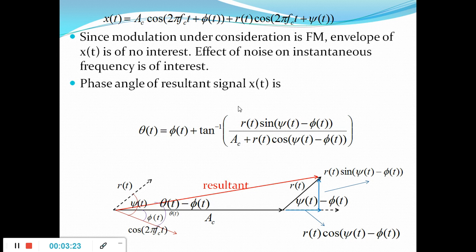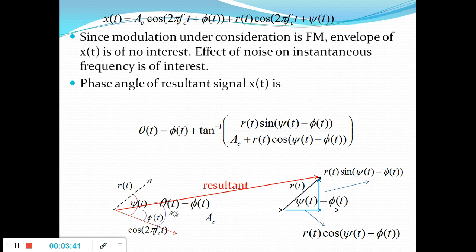In order to find out the angle, let us represent the signal x(t) vectorially. The first part is a signal, that is Ac cos(2 pi fc t + phi(t)).